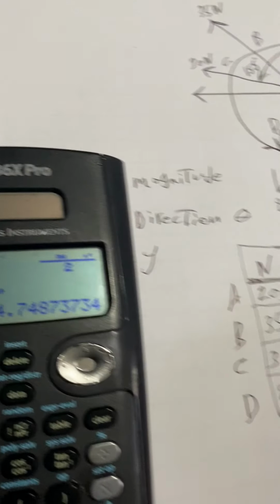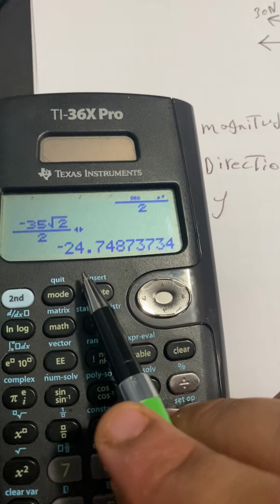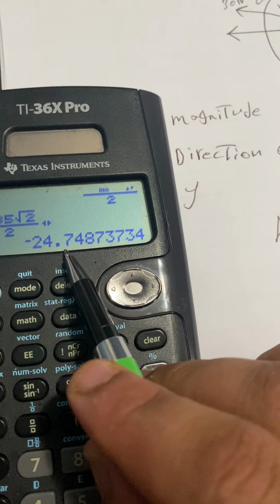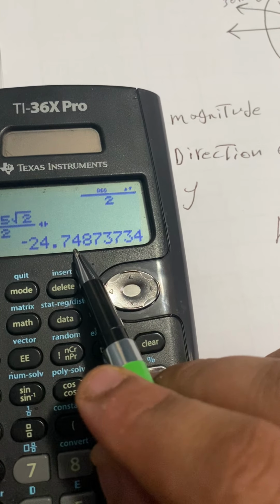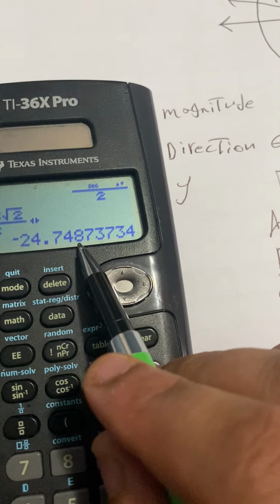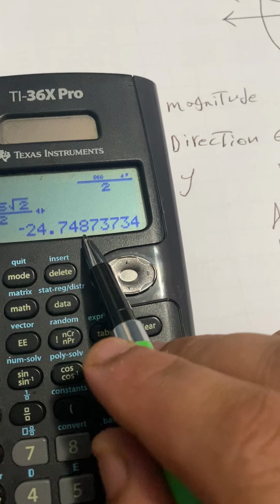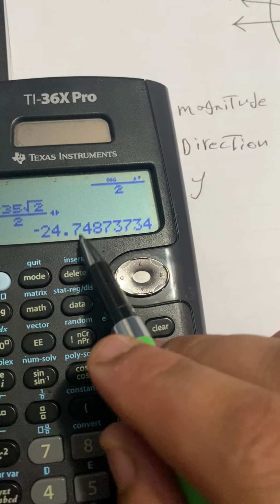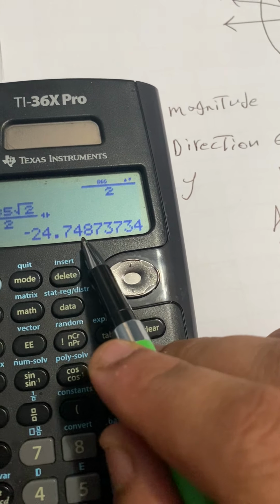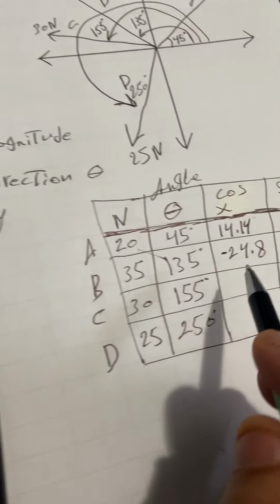If you round it, the third digit is more than 5, so this 7 becomes 8. That's why I put negative 24.8.